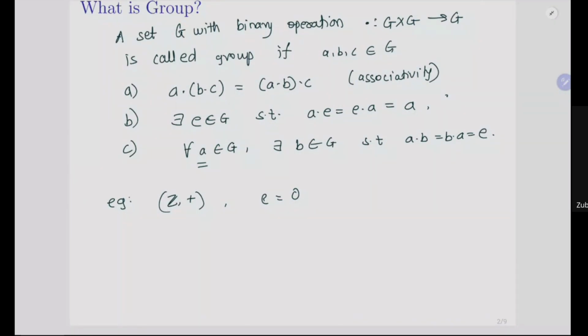So let us solve one problem in this direction. Let us say this is question 1.